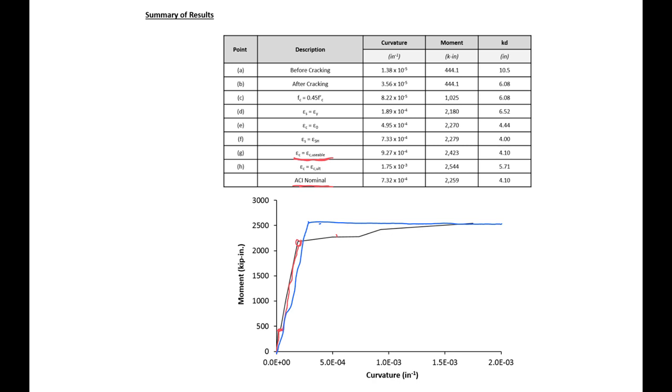So you can see that our KD, or our C in this case, is the same, and we'll get a slightly larger moment using the exact material approximations, or the exact material curves. This is probably due to us assuming a strain value of 0.0038 as maximum usable versus ACI's estimate of 0.003. So that concludes this example problem.